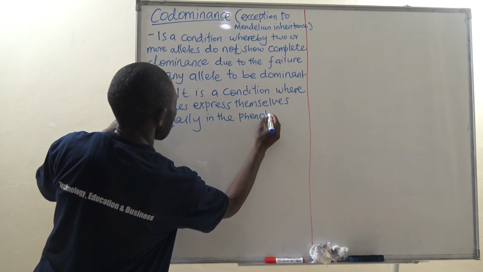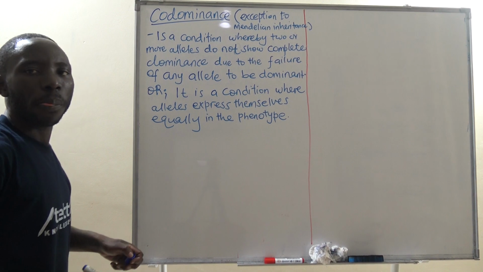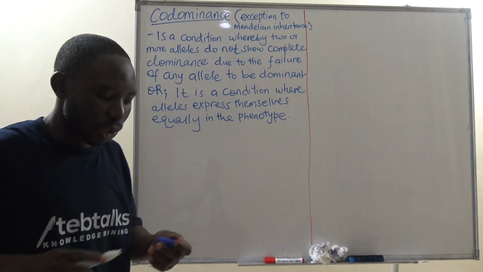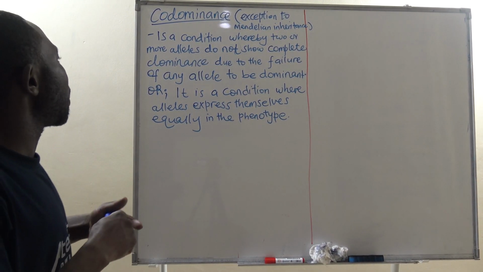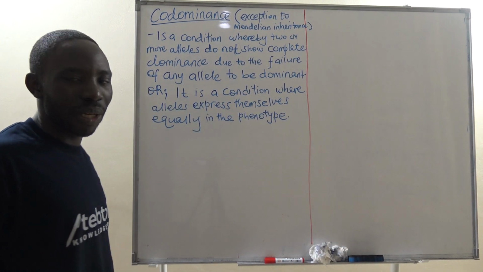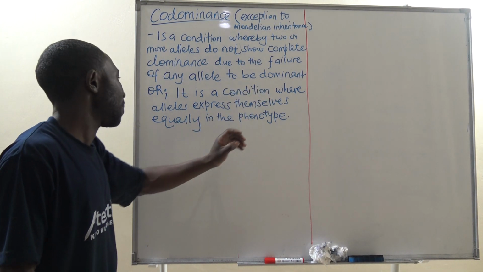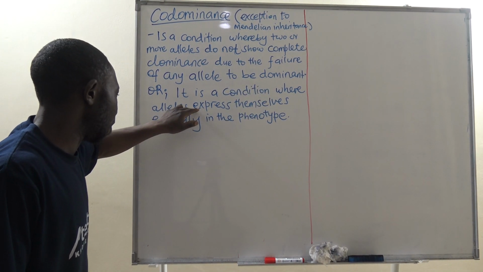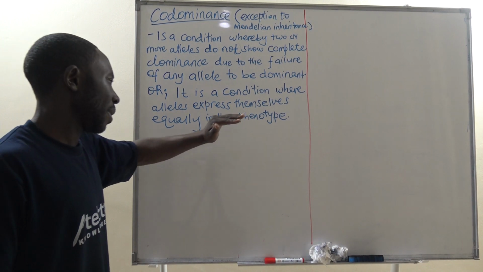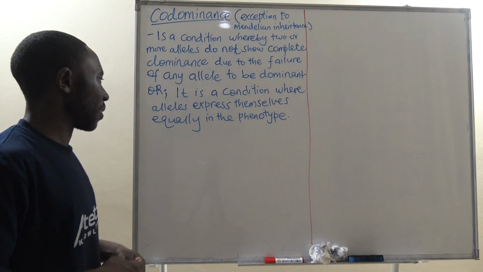So, dear scholars, codominance can be defined as shown here in the second case: a condition or state where alleles express themselves equally in the phenotype. So that is what we call codominance.